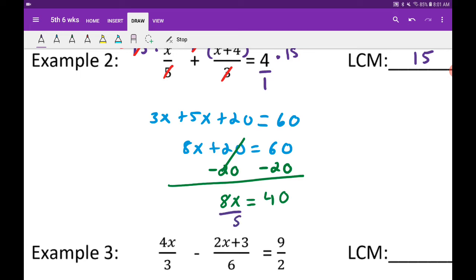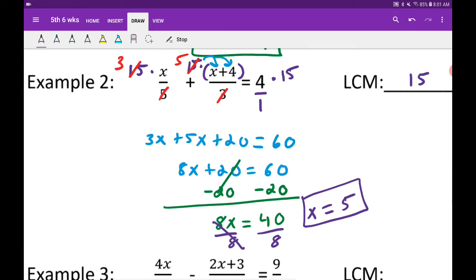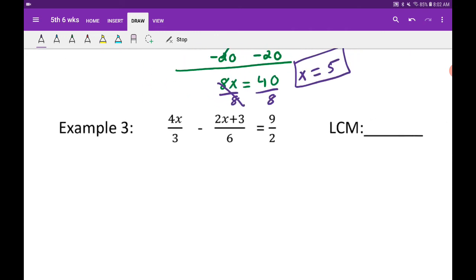And then divide by 8. All right, now we're left with x equals 40 divided by 8, which is going to equal 5. All right, and there we go. So notice multiplying everything by the LCM just wipes out our denominators and makes this a pretty easy process.